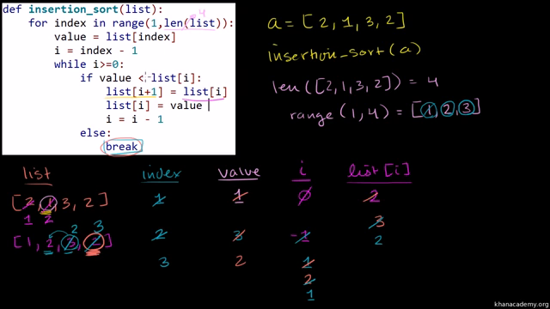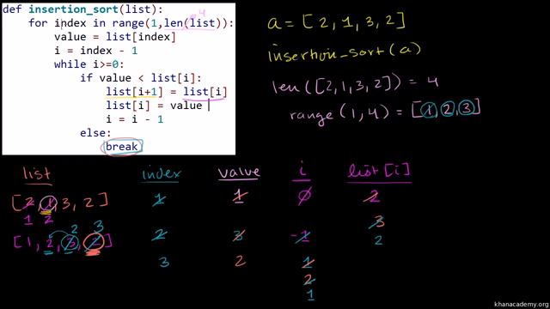So we don't have to do anything more. The thing is sorted. 2 is in the right place. If it's equal to the thing to the left of it, we don't have to shift anything. And that means it's at least equal to or greater than everything to the left of that, since everything is sorted already. So then we're done. Since 2 is not less than 2, we break out.